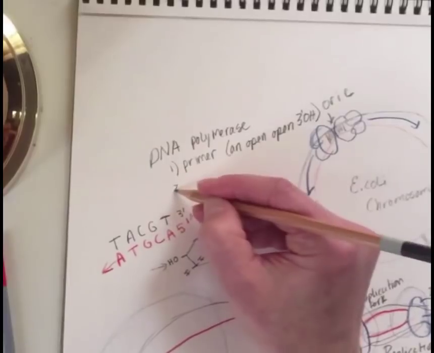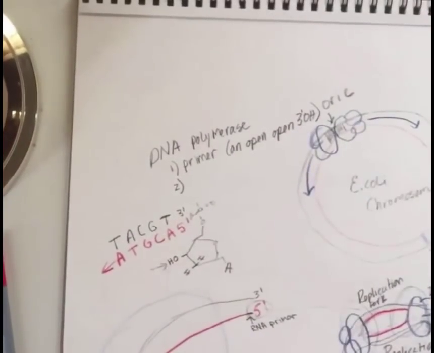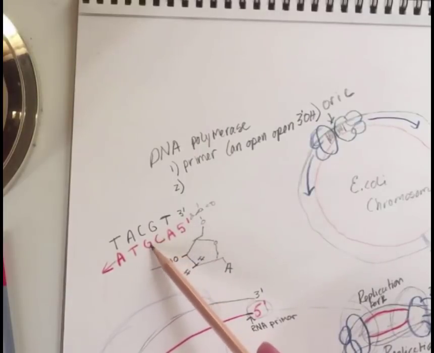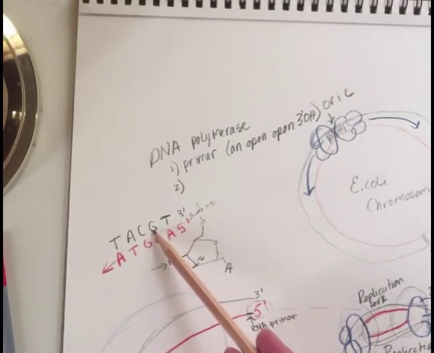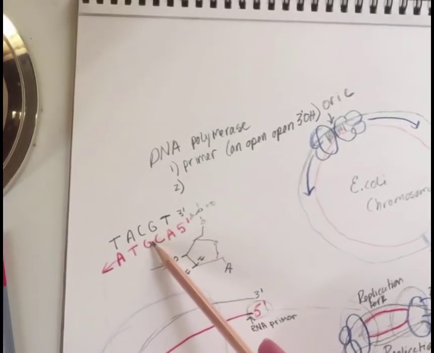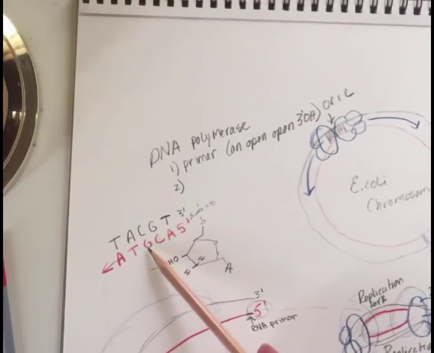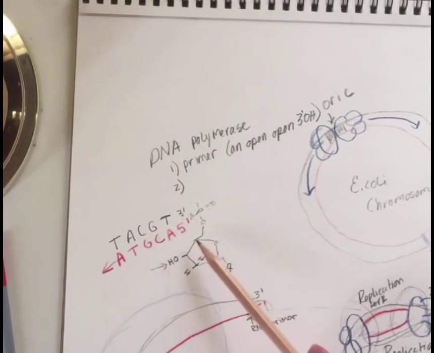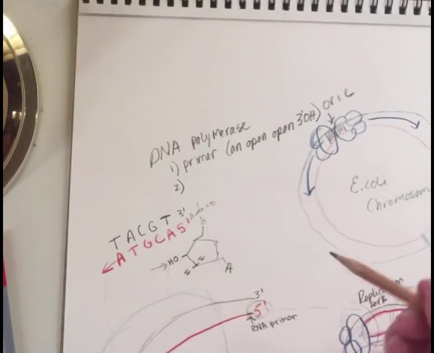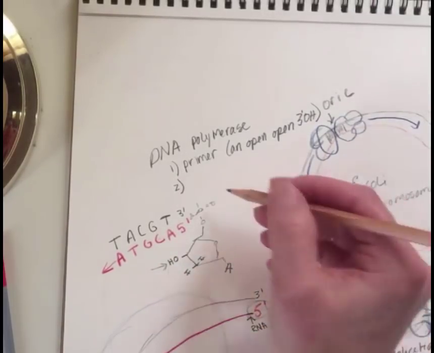Number two, it's going to require the building blocks. As it continues to build, like when it went from having just paired this G with a C, it needed the next building block, which was another G. But we know it's more than just the nitrogenous base, right? It's the full deoxynucleoside triphosphate that was needed next.